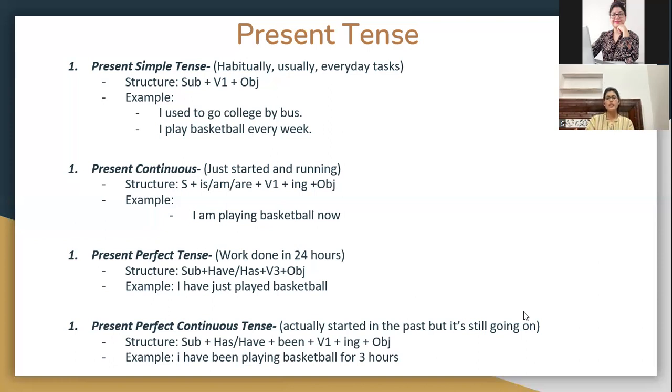It means I started playing basketball in the past, and it's running now, and I will complete playing basketball at some point in the present, and the time is not fixed, so we use 3 hours. So the example is, I have been playing basketball for 3 hours.